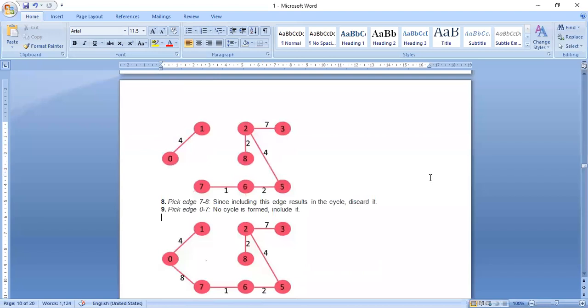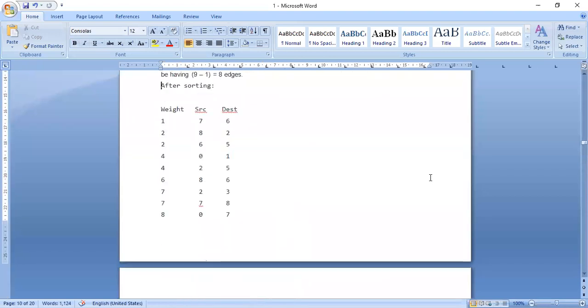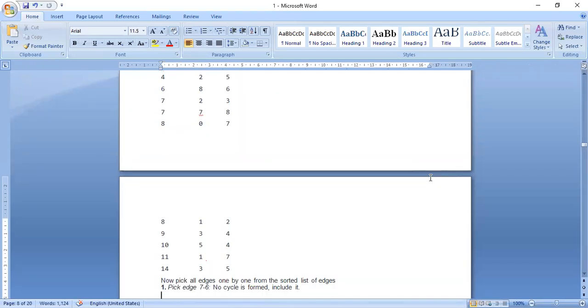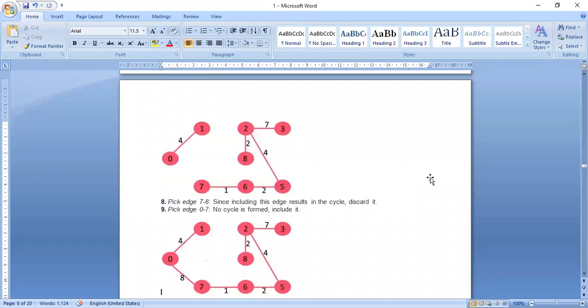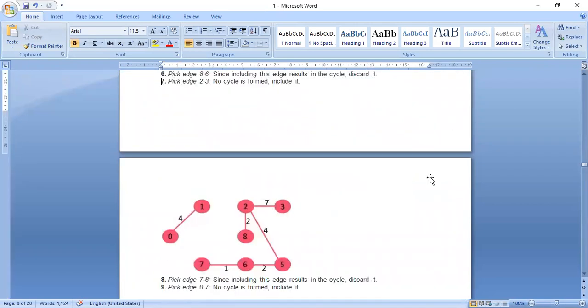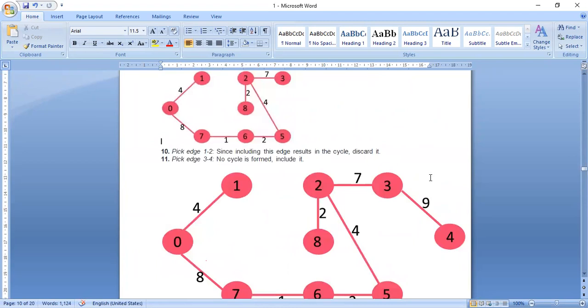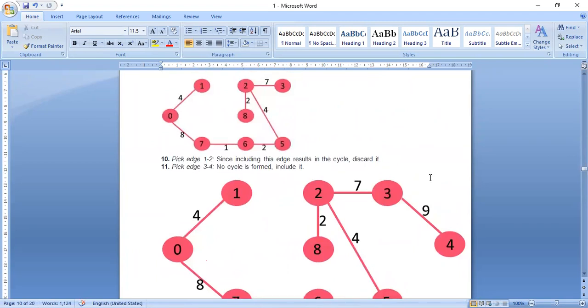Now, what is the next edge? The next edge also has weight 8, but it is from vertex 1 to 2. See, in the 10th step, if I add 1 to 2, then what will happen?